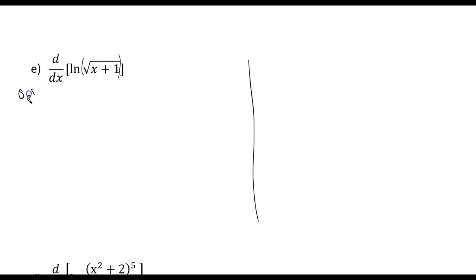The first option, you could go ahead and let u be equal to the square root of x plus 1, which is x plus 1 to the 1/2. And then using the chain rule, u prime would be 1/2 times x plus 1 to the negative 1/2 times the derivative of the inside, which is 1, or 1 over 2 square root of x plus 1.